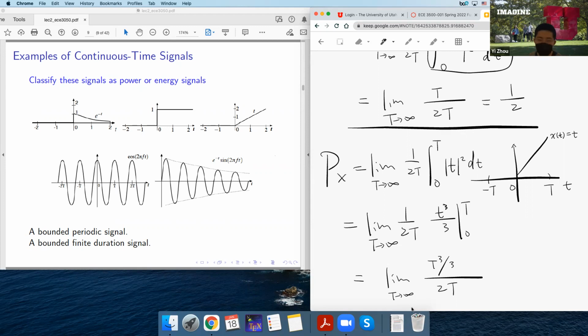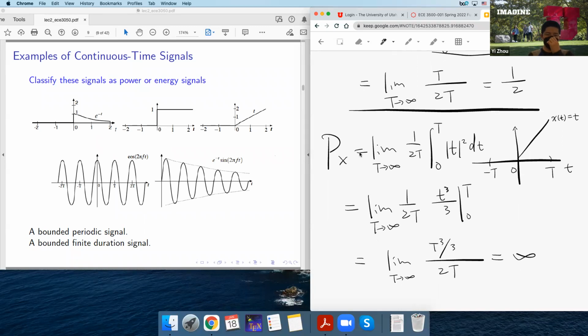Right, so that's the integration. So you can see that the numerator goes to infinity much faster. So we have infinite power here because the magnitude diverges very quickly.